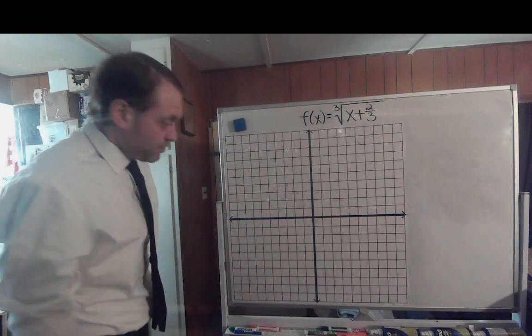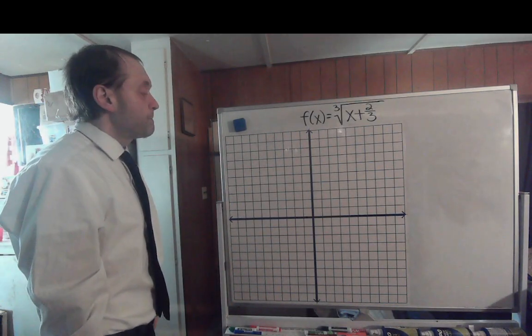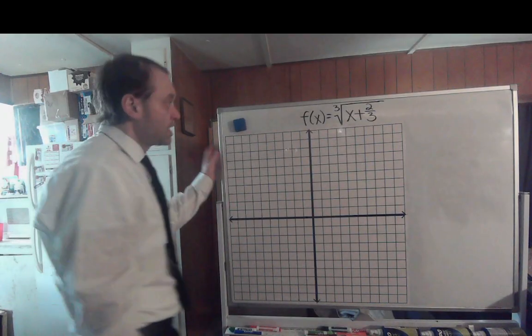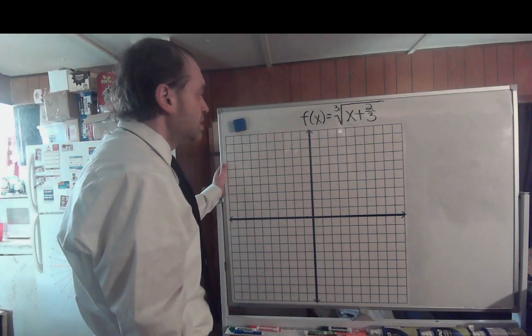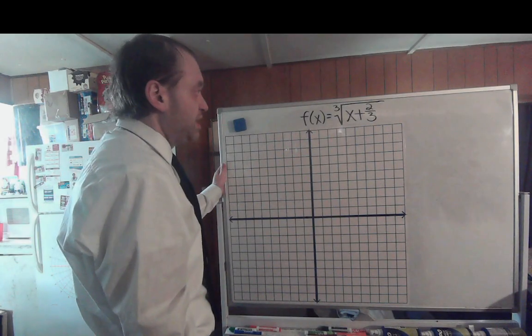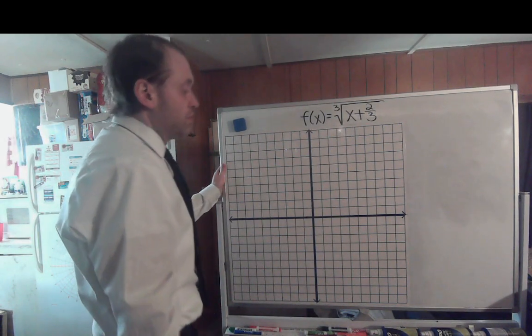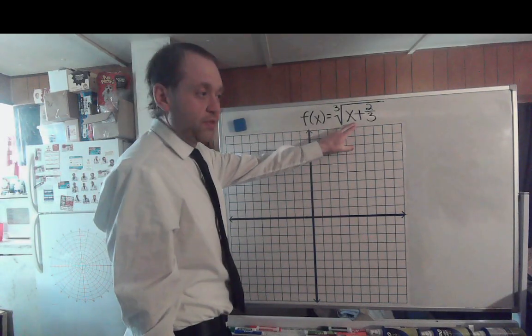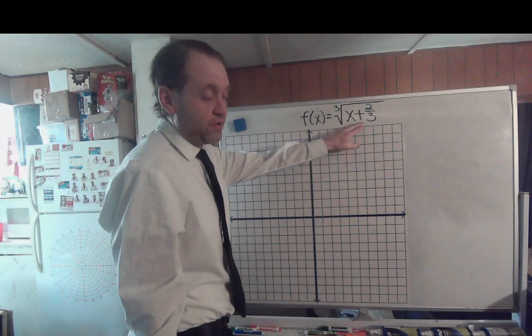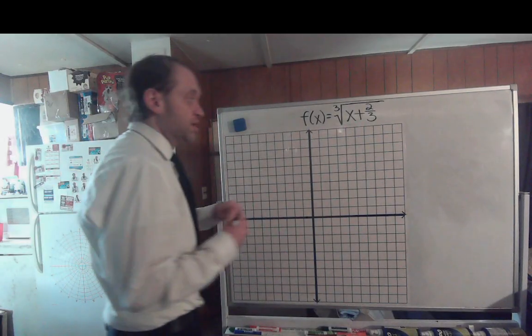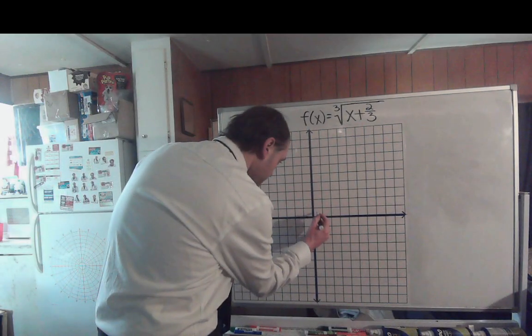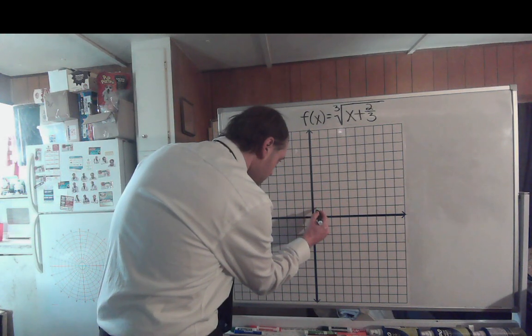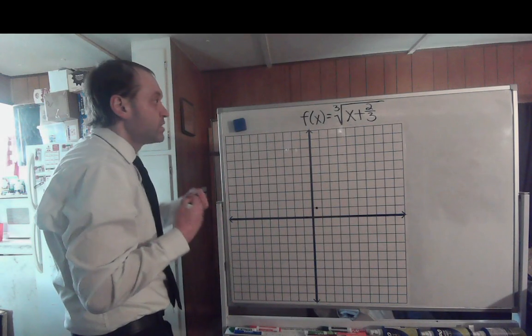So let's start at the right. Let's say x is positive 1/3. Well, if x is positive 1/3, you add that to 2/3, you get 1. Cube root of 1 is 1. So when x is 1/3, you'll be at a y coordinate of 1. So 1/3, 1 is a coordinate. Okay.